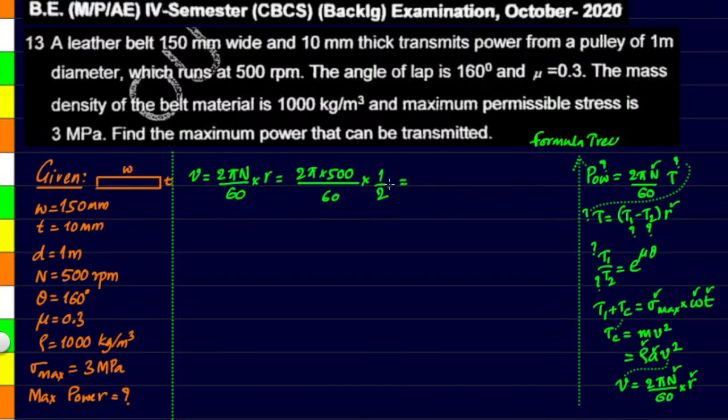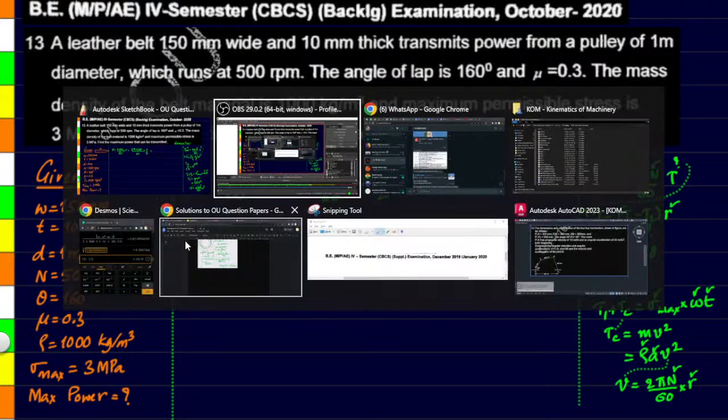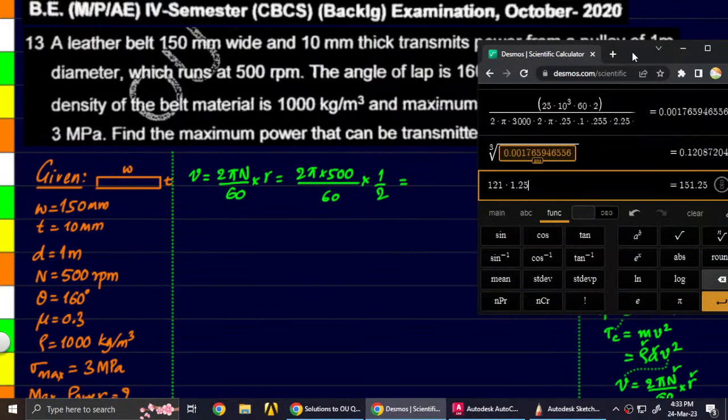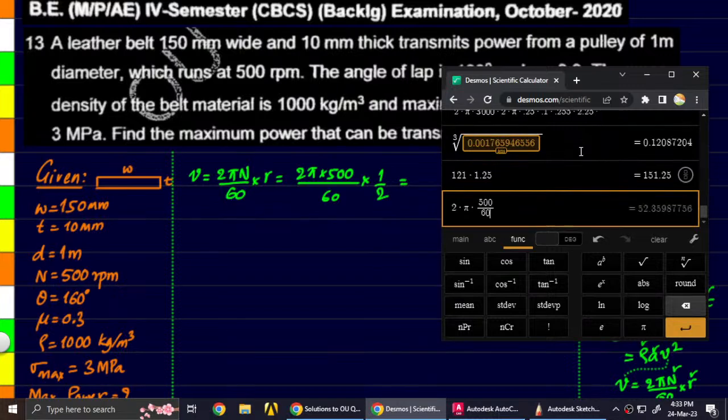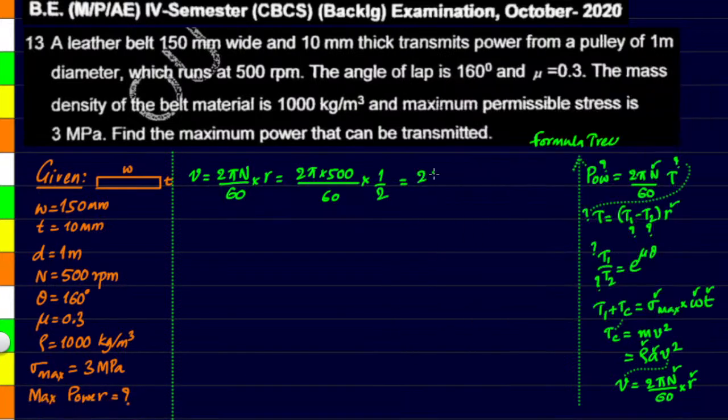Let's quickly calculate this. 2 into pi into 500 divided by 60 times 2, that is 26.18. This is in meters per second. That is the velocity of the belt.